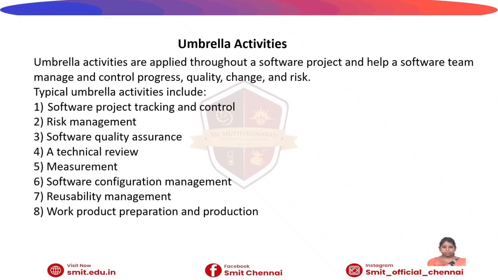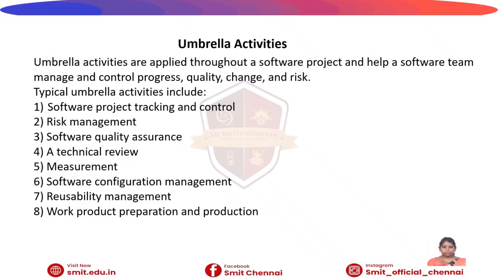Software quality assurance defines and conducts the activities required to ensure software quality. The technical review assesses the software engineering work products in an effort to uncover and remove errors before they are progressed to the next activity. Measurement defines and controls the process, project and product measures that assist the team in delivering software that meets the stakeholder needs.